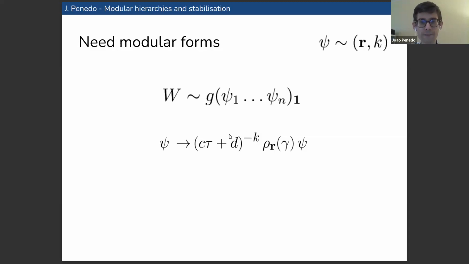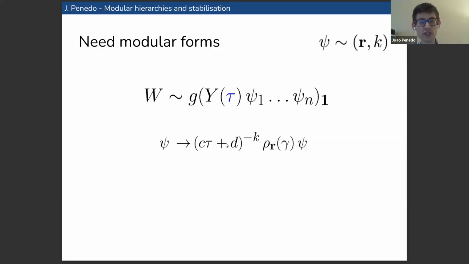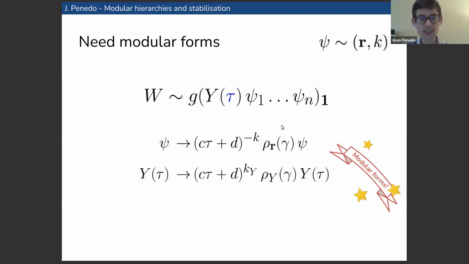So these factors depend on tau. So what actually happens is that you have to form the singlet, you have to have some function of tau, which transforms in a way that counteracts the transformations of the fields.